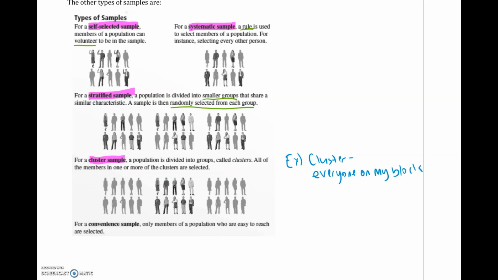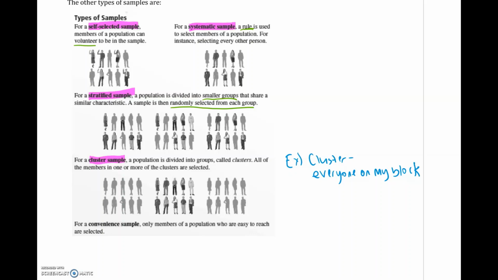Right, because you could argue that every neighborhood is clustered into blocks, right? So maybe your neighborhood consists of like 7 different blocks. Each one of those blocks is already a nice, neat cluster that you can work with. So we might say, okay, let me just pick my own block, and then I have one cluster to work with, that cluster sample, okay?